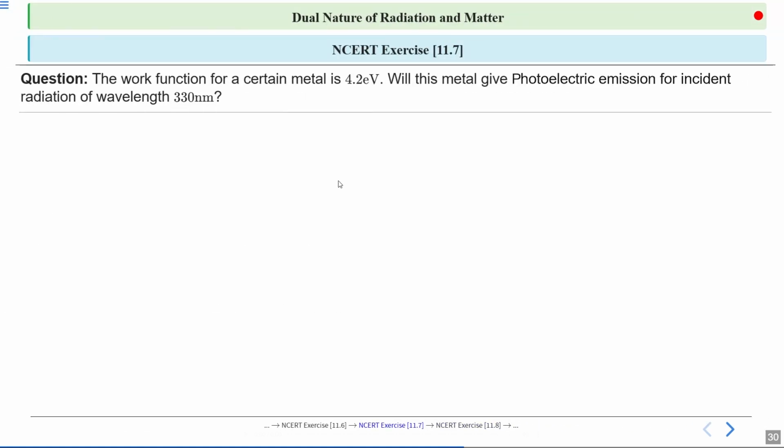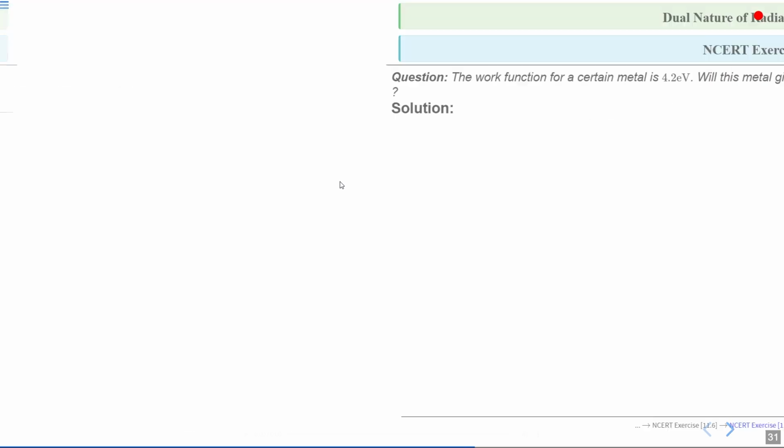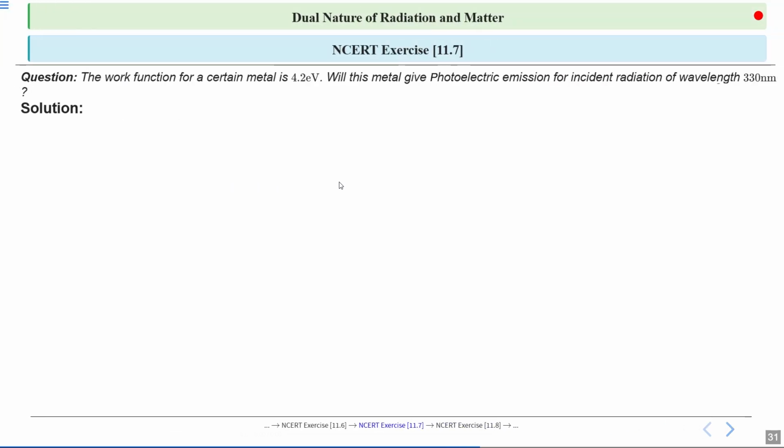The work function for a certain metal is 4.2 electron volt. Will this metal give photoelectric emission for incident radiation of wavelength 330 nanometer? Let's see the solution. First, let's note the work function, which is given as 4.2 electron volts.